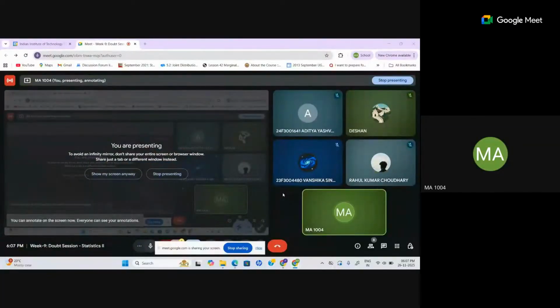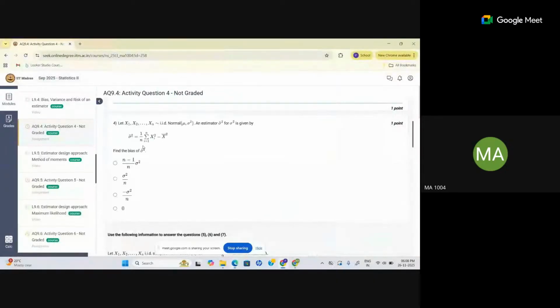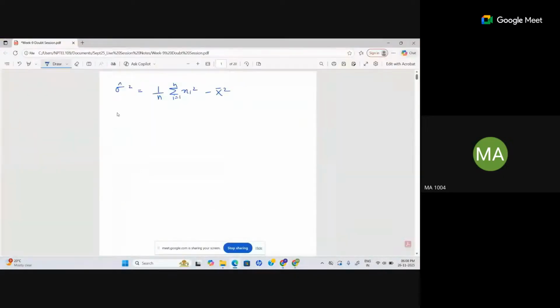Is it visible now? Yes, ma'am. Okay, so this is how sigma hat square is defined in the question. So we have to find the expectation of this estimator first.